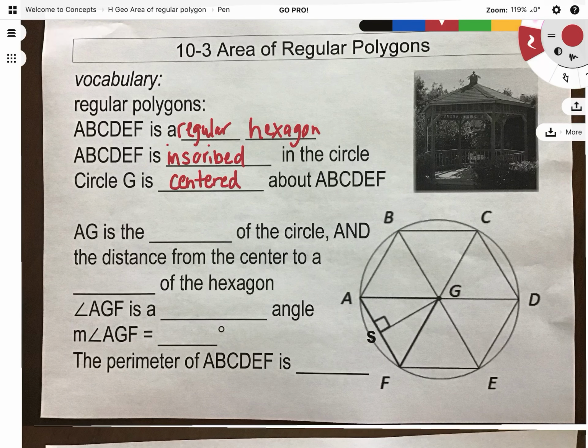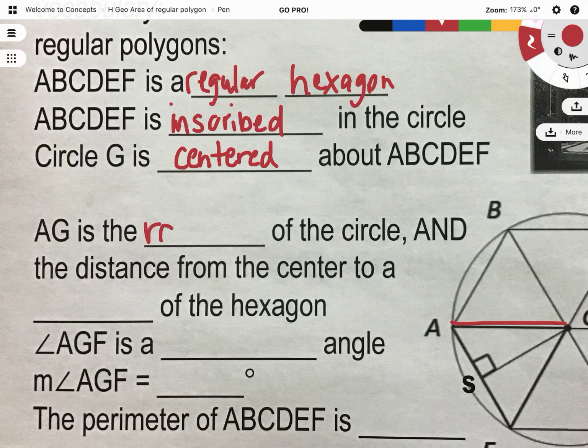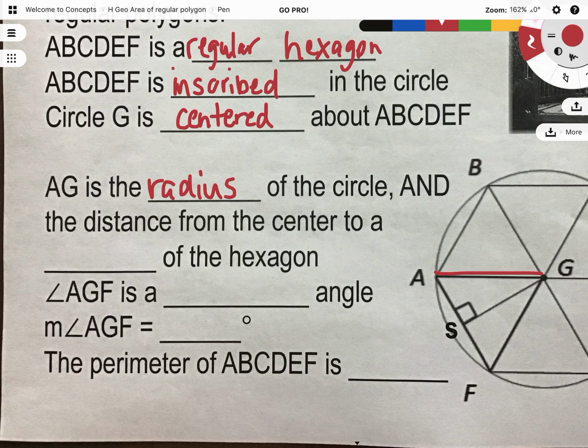If we look at the figure, we can see AG, which is the radius of the circle, and the distance from the center to a vertex.